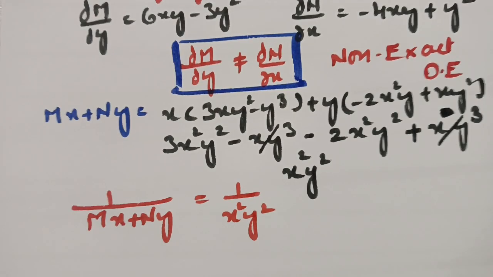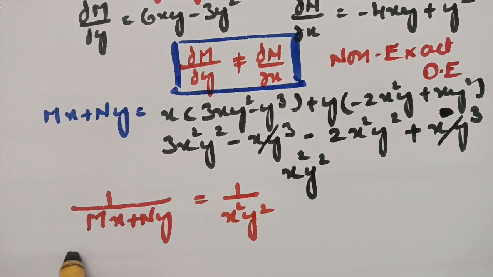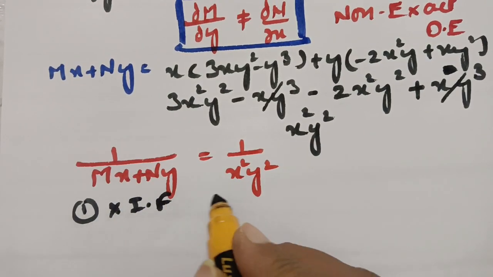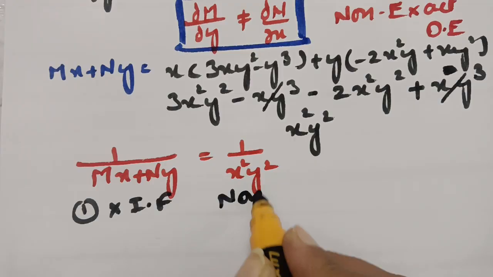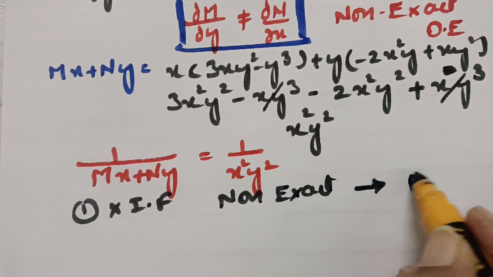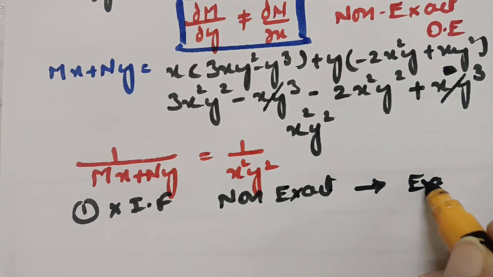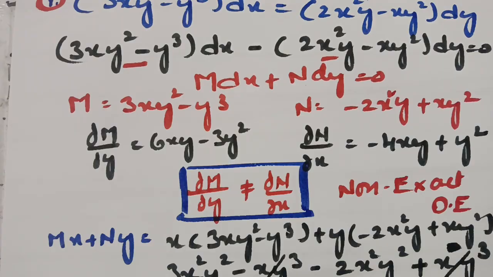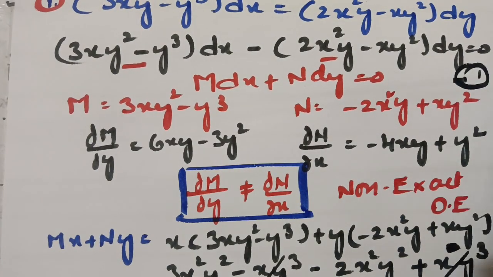Now if I multiply equation 1 with the integrating factor, this non-exact equation will turn into an exact differential equation. Clear? What is equation 1? Equation 1 is nothing but the question: (3xy² − y³) dx − (2x²y − xy²) dy = 0.